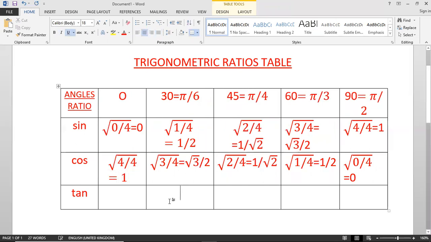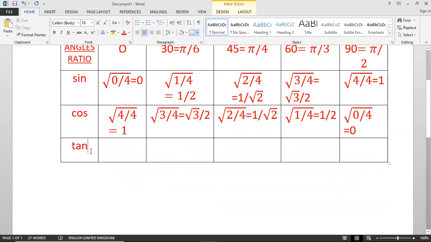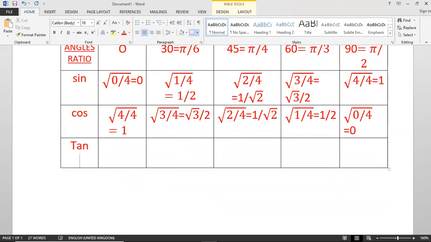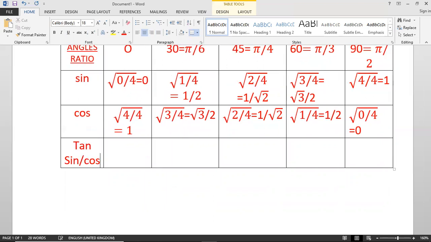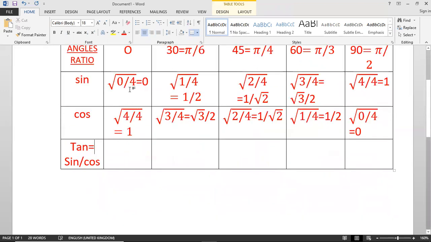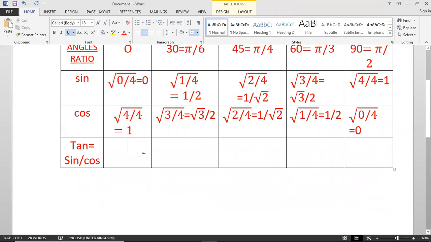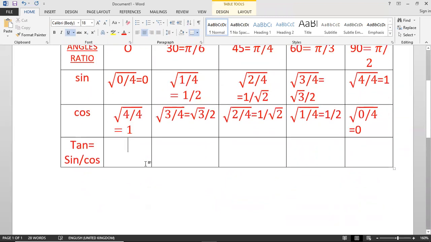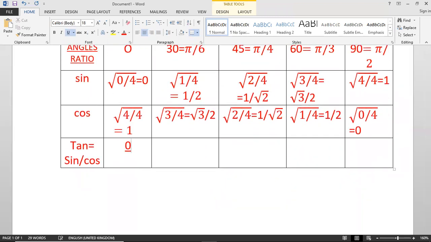Once you are able to arrange the values of sine and cos, the values of tan will be quite simple, because tan equals sine divided by cos. So you simply have to take the values of the first row and second row. That means I write 0 divided by 1.